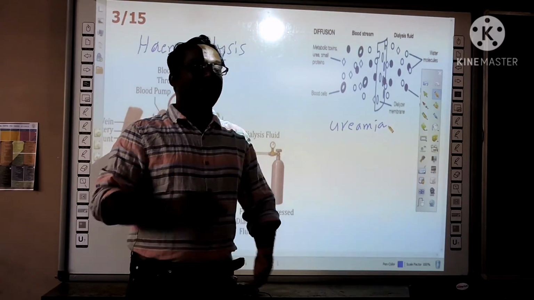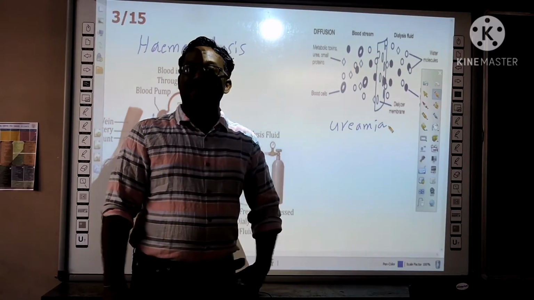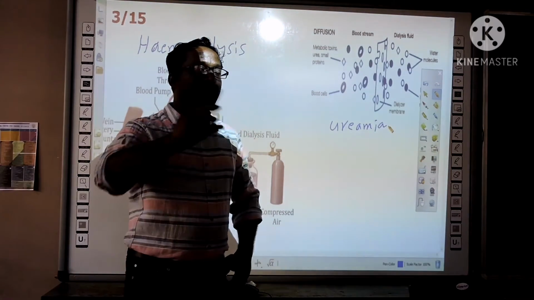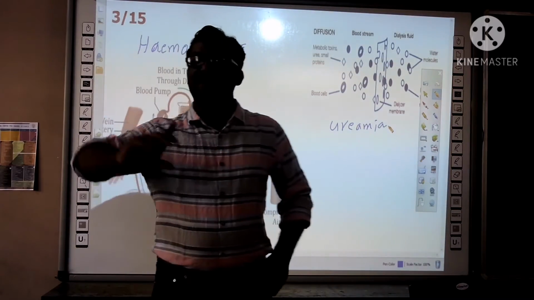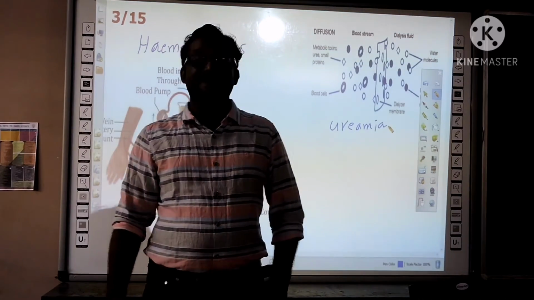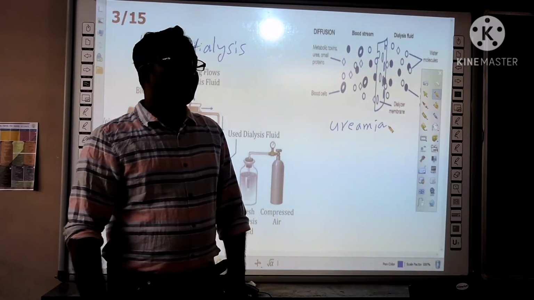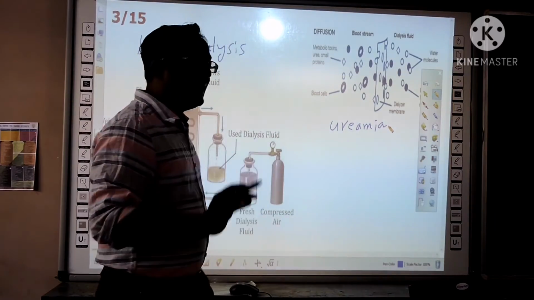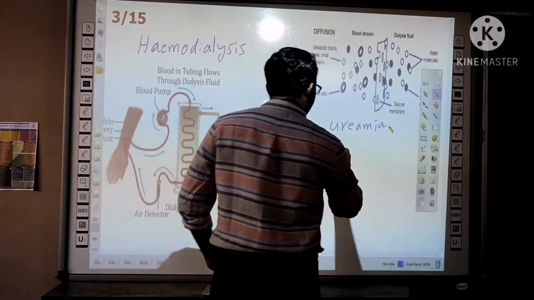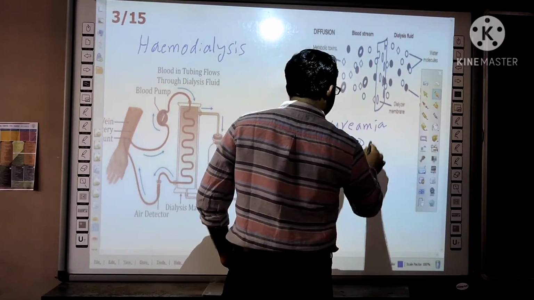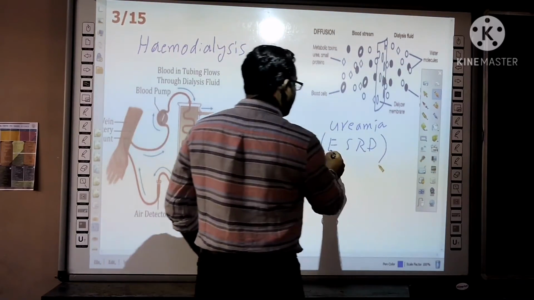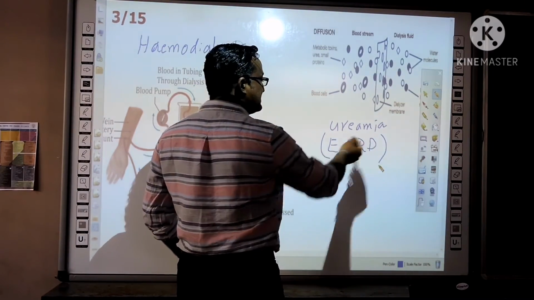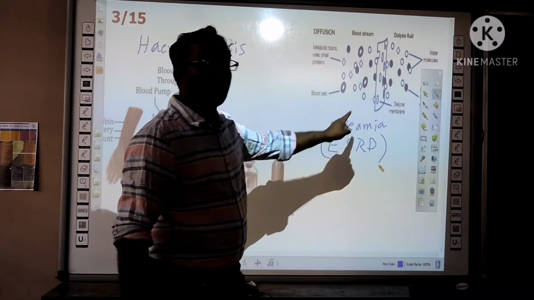If the kidneys are completely damaged, you should go for another process, that is kidney transplantation. The condition of complete damage of kidney is called end-stage renal disease, ESRD. Complete failure of the kidneys.